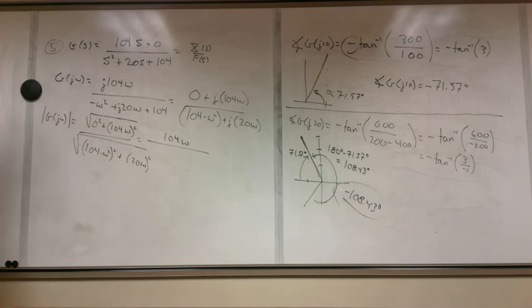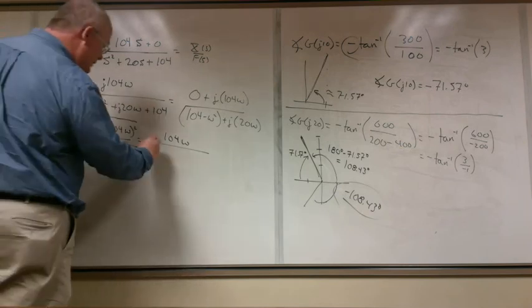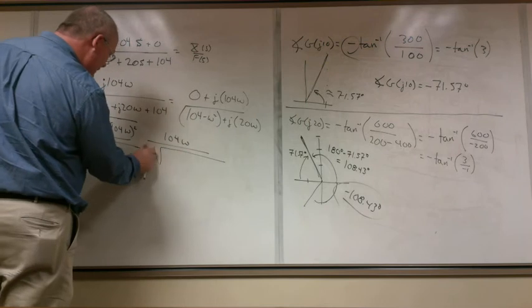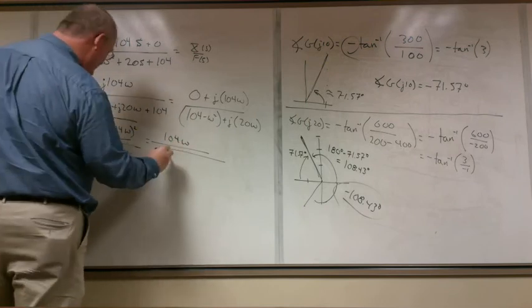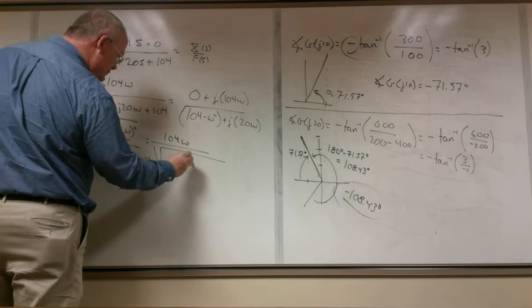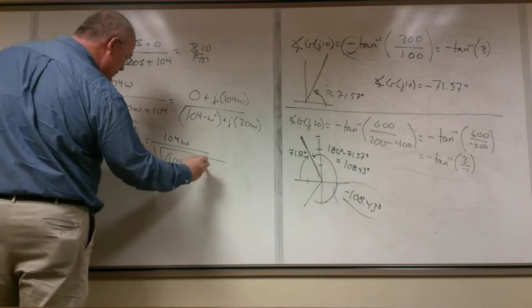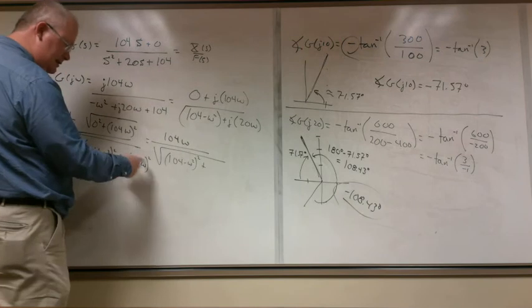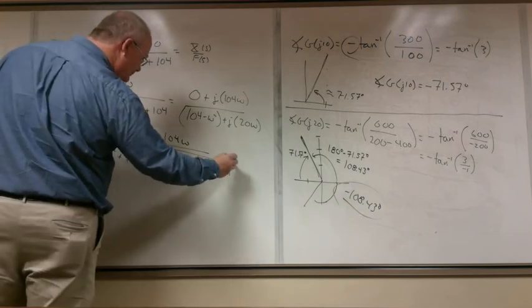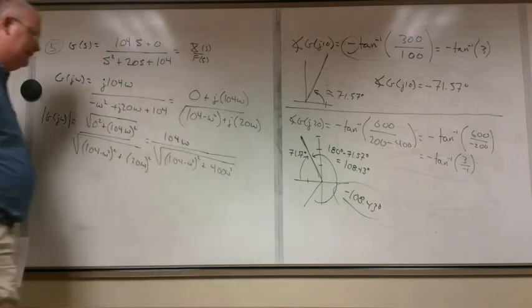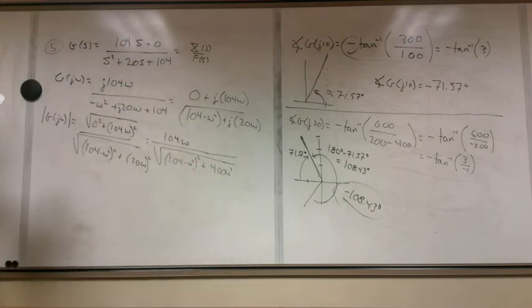And so the final expression then, if we wanted to do this out, is equal to 104 omega over the square root of 104 minus omega squared, squared, plus 400 omega squared, like that. I believe that's the answer that we have on here. It is indeed.